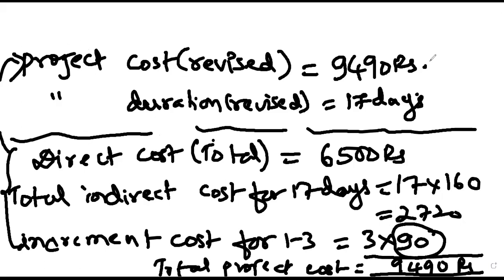So just make this 9,490. The change is only with this: instead of 100 rupees, make it 90 rupees and the total project cost. Once this is done, for the next step, take note of this.